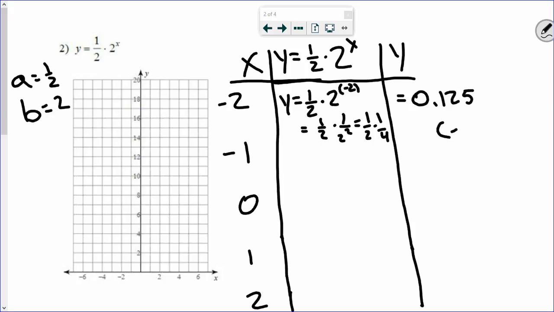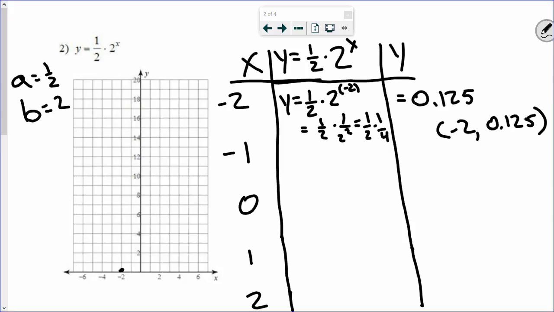And so when I plugged in -2, the output, the y value, was 0.125. So when we come over to graph that, again, I go back to -2 on my x-axis, I'm going up 0.125 on my y value. So that point's going to be just about as close as we can plot it to the x-axis.